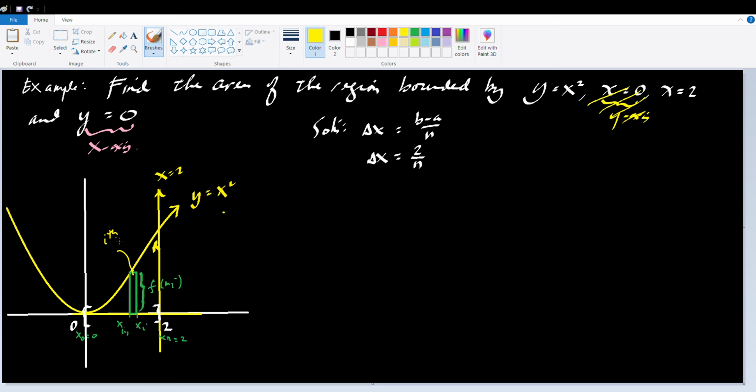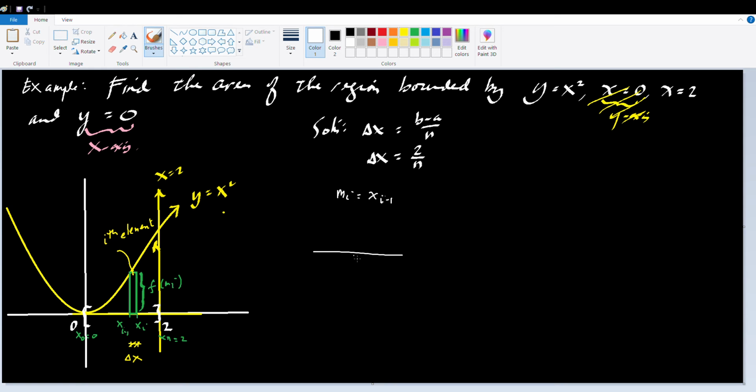The ith element, or the ith rectangle. The width is delta x, and the interval is from x sub i minus 1 up to x sub i. That is equivalent to delta x. Now, where does the minimum value of f on the ith interval occur? It occurs at the left end of the interval, at x sub i minus 1.